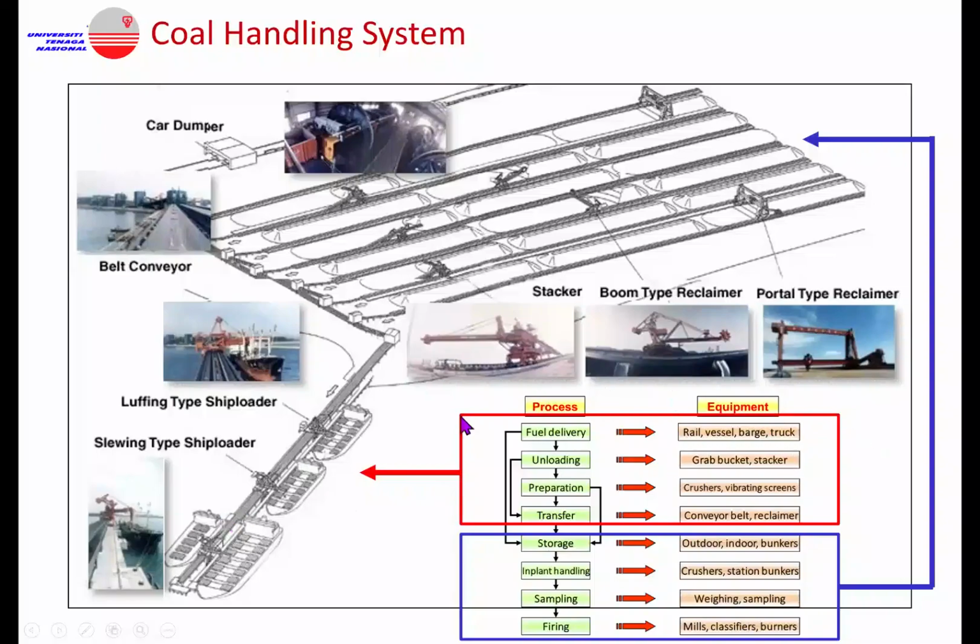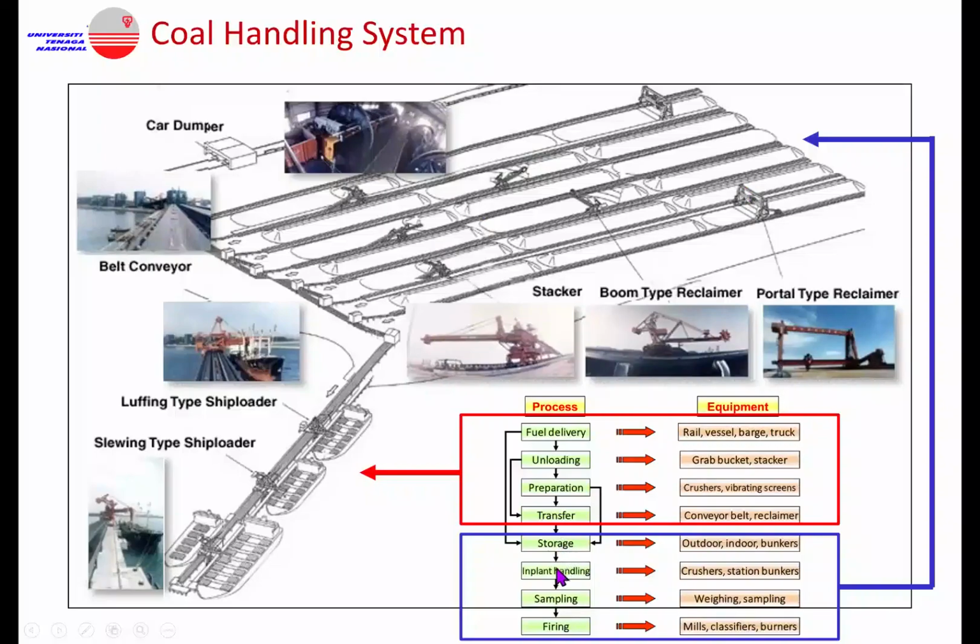All these stages, fuel delivery, unloading, preparation and transfer, happen somewhere around here. The conveyor belt will bring the coal from the jetty to the coal yard. This is the coal yard, where basically the coal is stored.